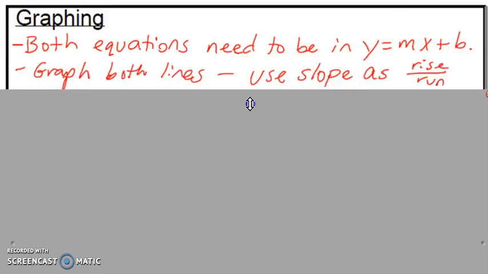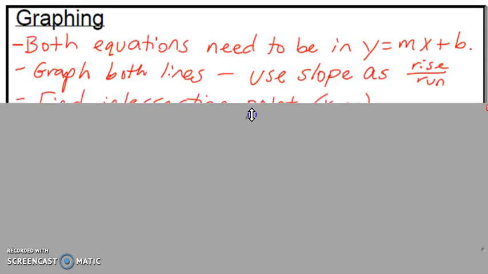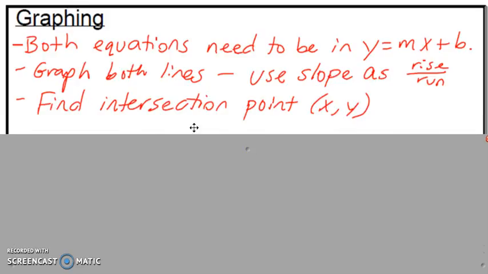Then you'll graph both lines. Remember, for your slope or your m, you want to use rise over run to find other points on your graph. Once you have graphed both lines, you're going to find where they cross, or in other words, you're going to find the intersection point. And you'll write that as a point, and that will be your answer.